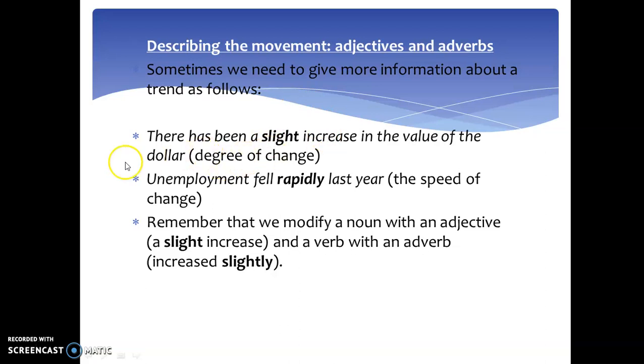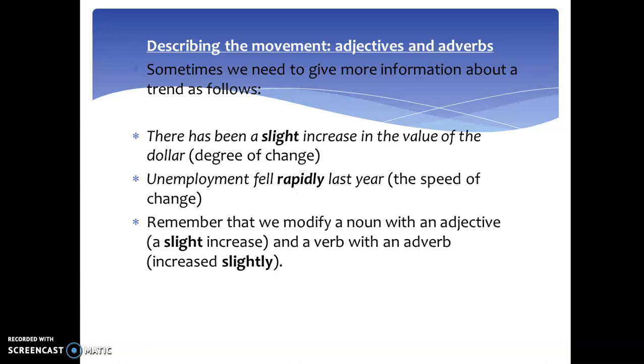There has been a slight increase, so here the adjective talks about the degree of change. And here, unemployment fell rapidly last year. It is the speed of change, rapidly. So one is the use of an adjective and the other is the use of an adverb.